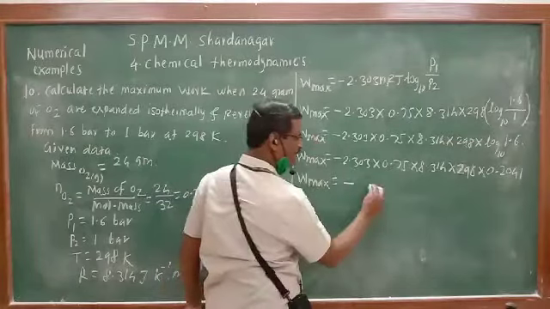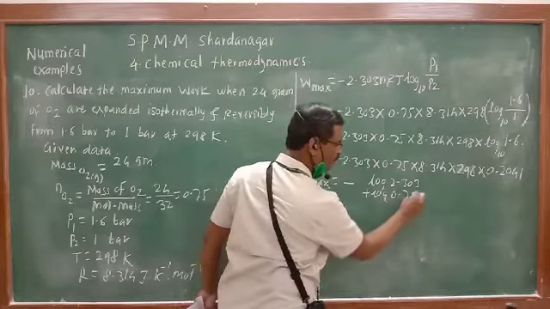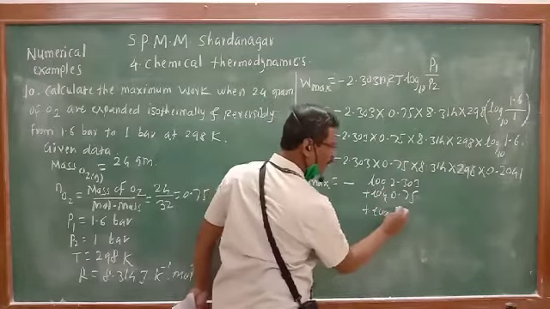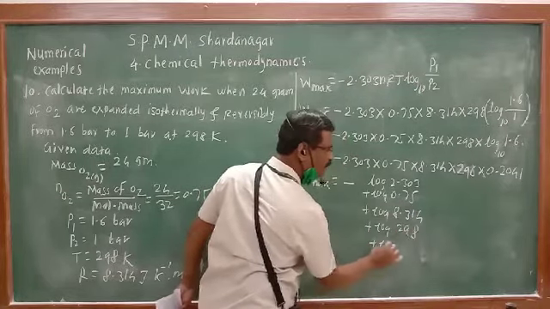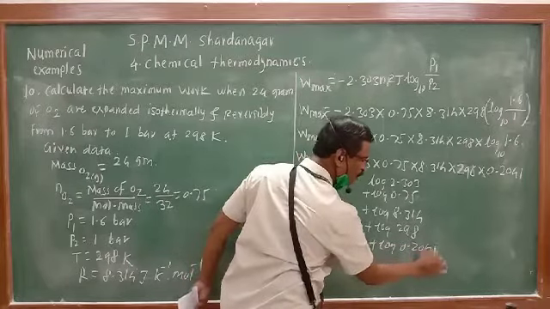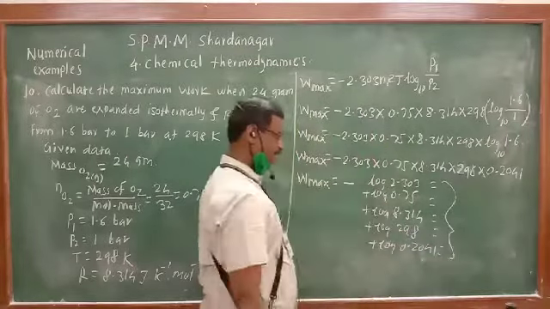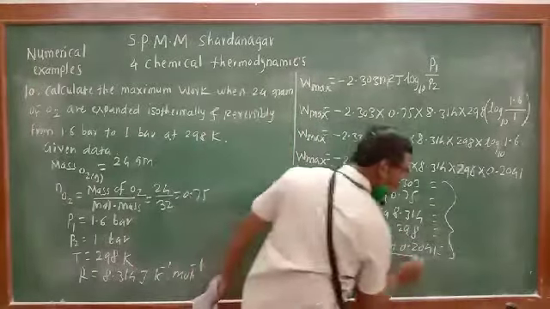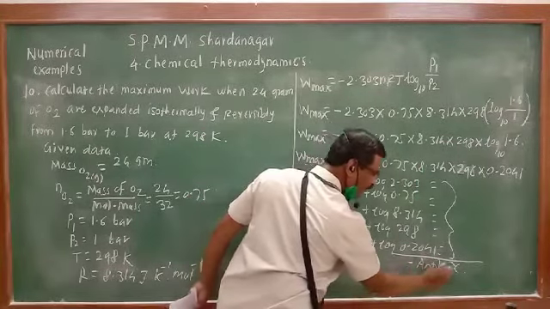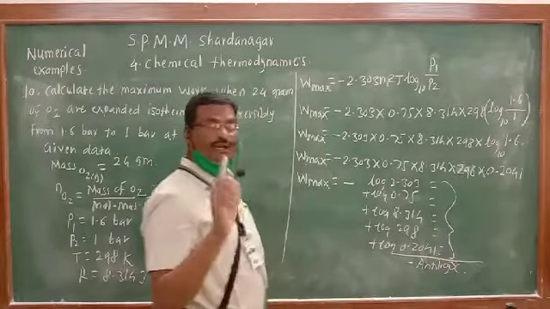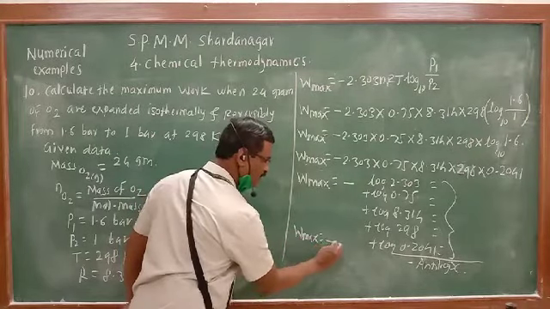So the sign is minus, but log of 2.303 plus log of 0.75 plus log of 8.314 plus log of 298 plus log of 0.2041. We have to see the log of all these terms that is added, and the addition, suppose it is x, sign is minus, then we have to see the anti-log of x, so that we will get the final answer, and the final answer of W max is minus.